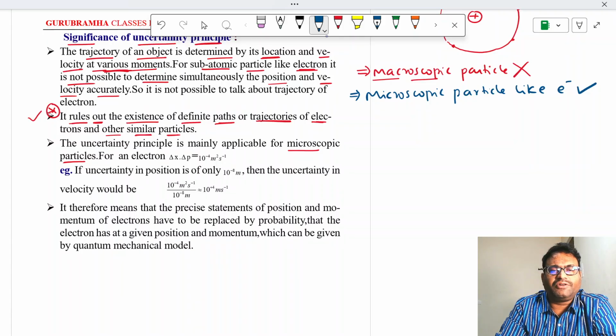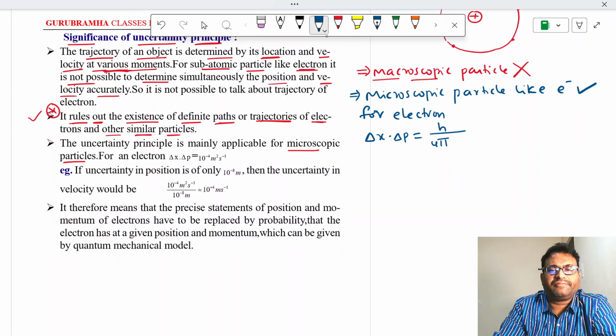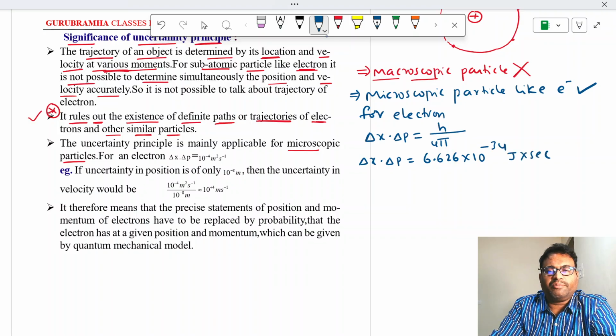So let us calculate delta x into delta p for an electron. Delta x into delta p is equal to h by 4 pi, greater than or equal to, but we calculate when it is equal. So delta x into delta p will be equal to 6.626 into 10 power minus 34 joule second, divided by 4 into 3.14.